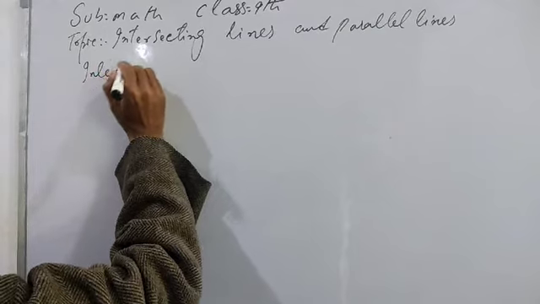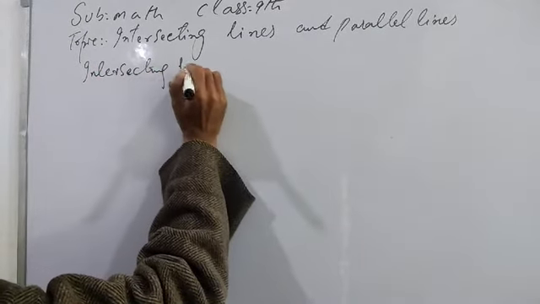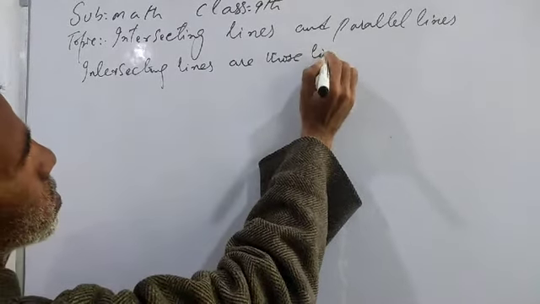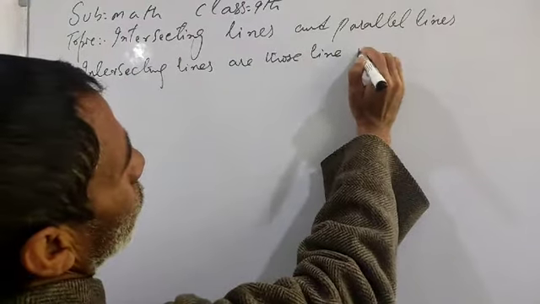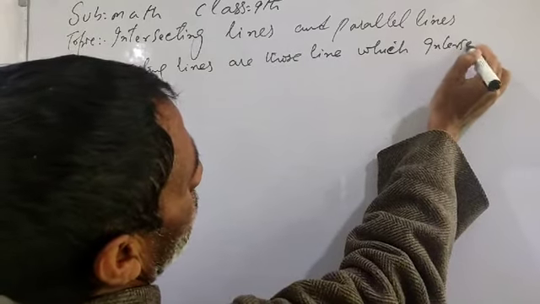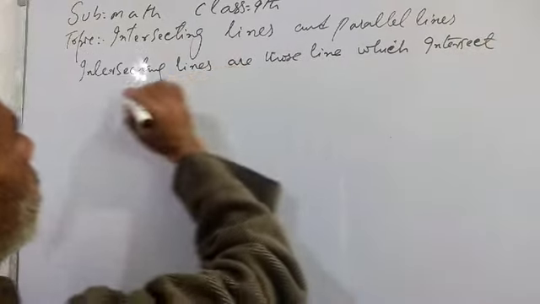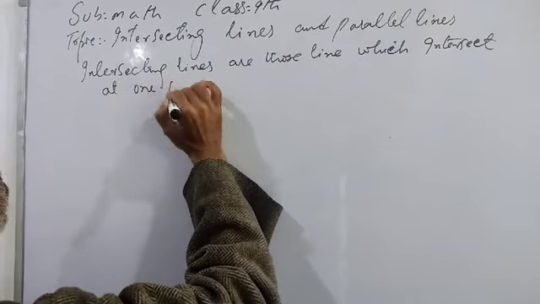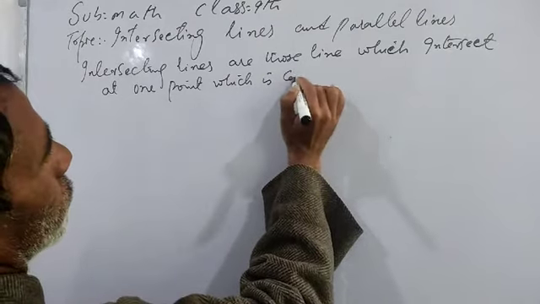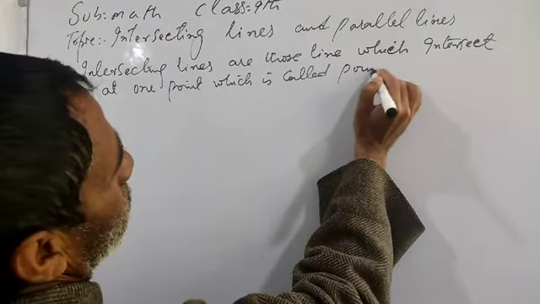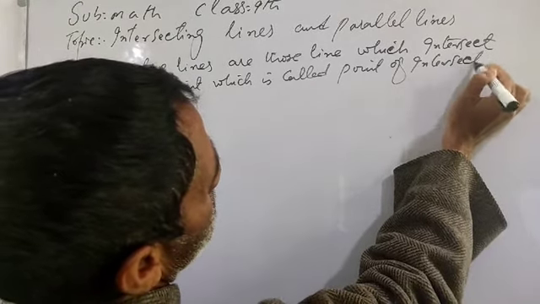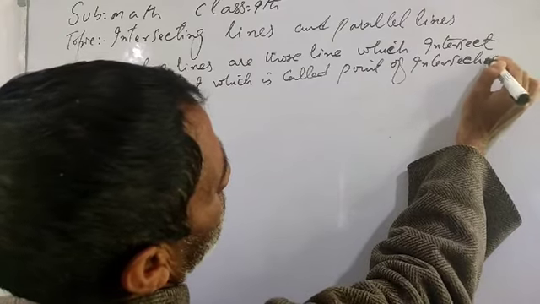Intersecting lines are those lines which intersect at one point, which is called the point of intersection.